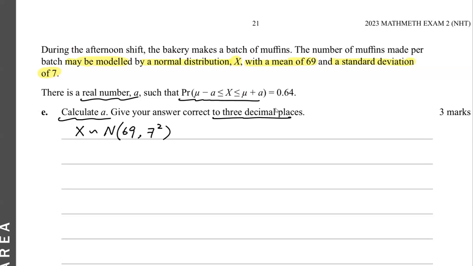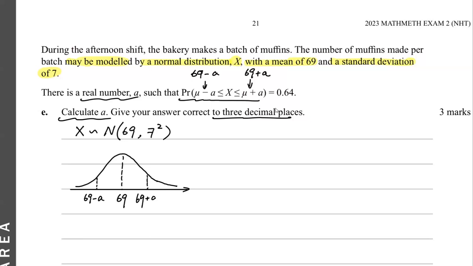Calculate A, give your answer correct to 3 decimal places. Okay. Now, I would say the lower bound is 69 minus A, and the upper bound is 69 plus A. Well, there are a couple of different approaches, but I think it is always helpful to draw the diagram. 69 is here. 69 minus A is here, and 69 plus A is here.